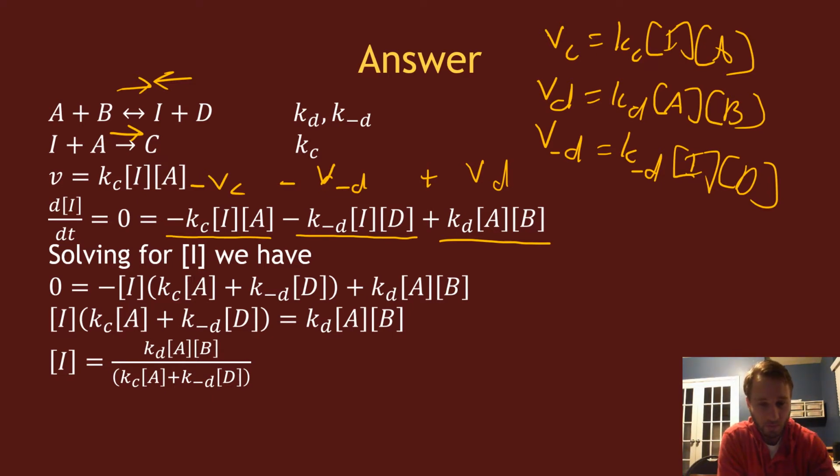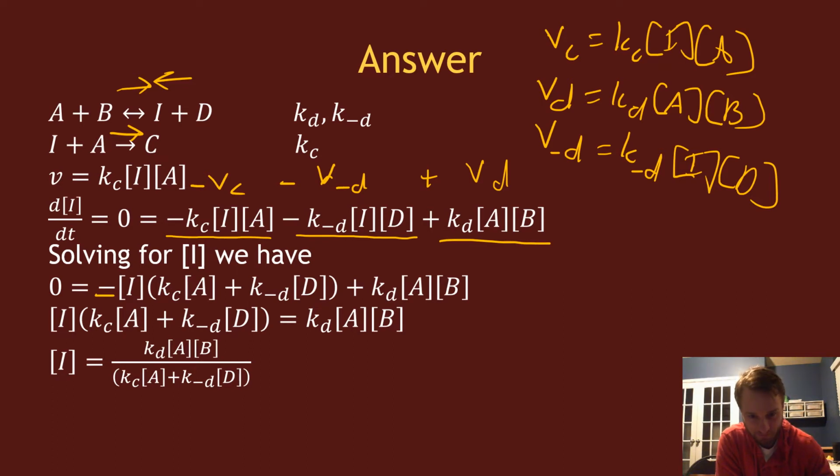With our steady state approximation, we can then solve for I. I can do that by factoring out an I in the first two terms, and the minus sign as well, to have Kc times A plus K minus D times D. That third term stays the same.